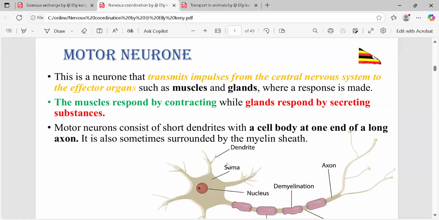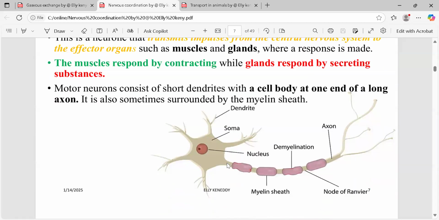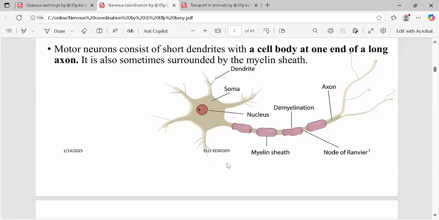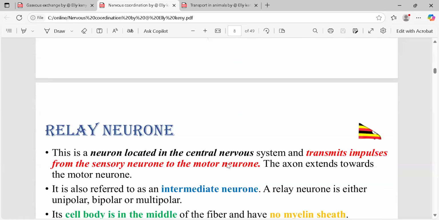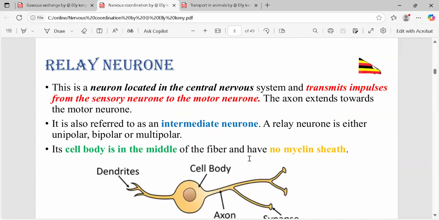Okay? So motor neurons consist of short dendrites with a cell body, like shown there. It has the dendrites, nucleus, the demyelination, but they are the same things, so you shouldn't worry about that. And then the relay neuron is just like you see the way it is. It is a neuron located in the central nervous system.